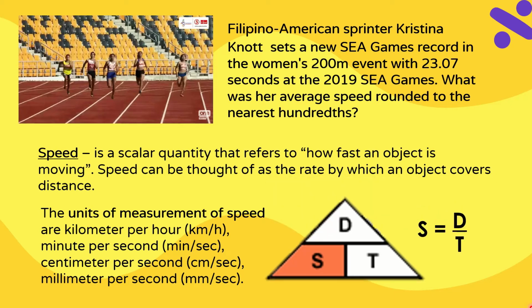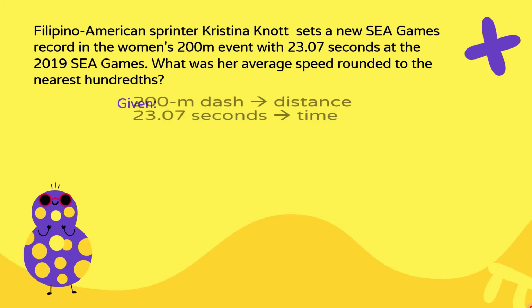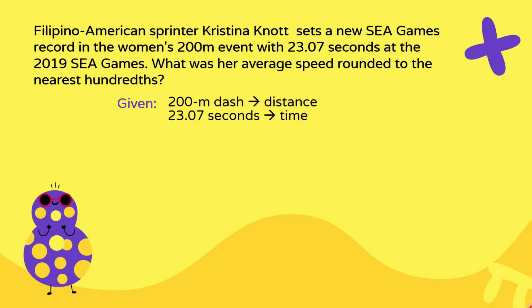For us to easily remember the formula on how to find the speed, given the magic triangle, if we are looking for the speed, we are going to divide distance by time. So back to our problem. Given 200 meter dash, that would be our distance, and 23.70 seconds, that would be our time. So to find the speed, we have the formula speed is equal to distance over time.